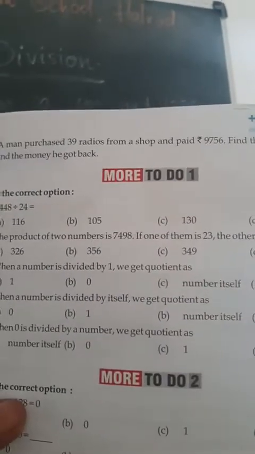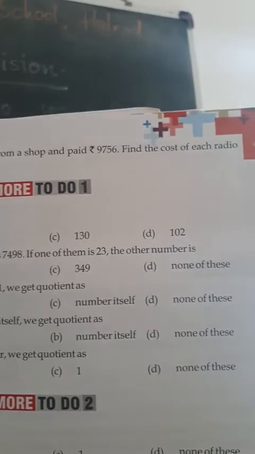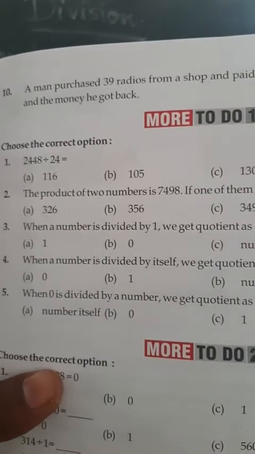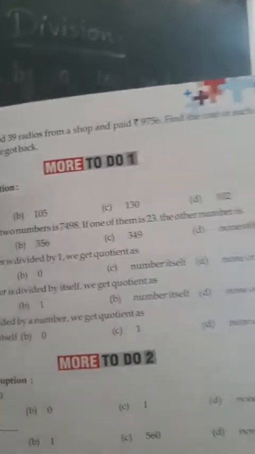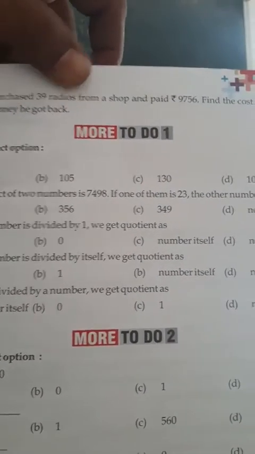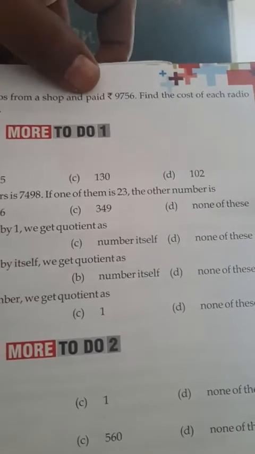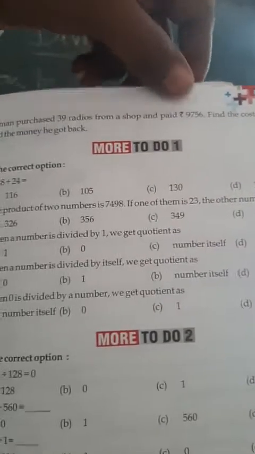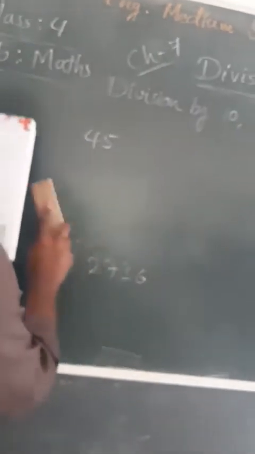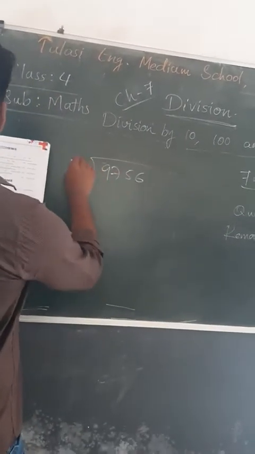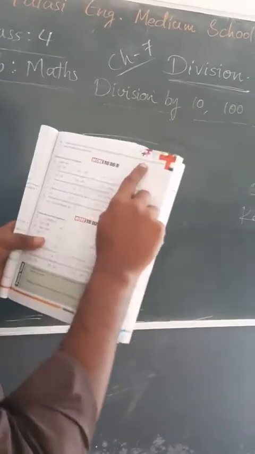A man purchases 39 radios from a shop and paid 9,756 rupees. Find the cost of each radio. Divide 9,756 by 39. The number of radios a man purchased is 39, and the amount he paid for the radios is 9,756.